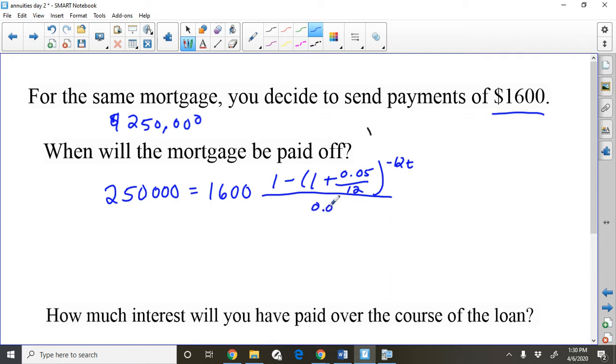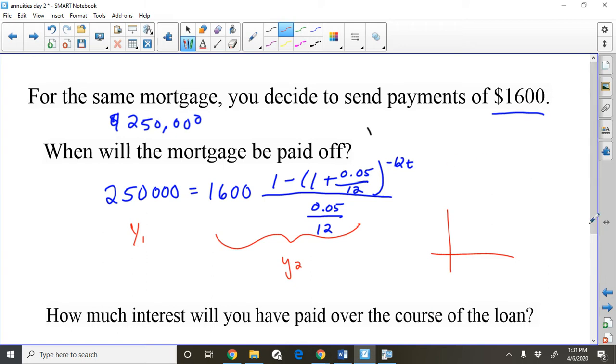And this is all over 0.05 over 12. My suggestion with these is to graph each side, put the 250,000 into Y1, and put all of this into Y2, and get a graph to show where they intersect. And again, I'll show the calculator work in a minute.